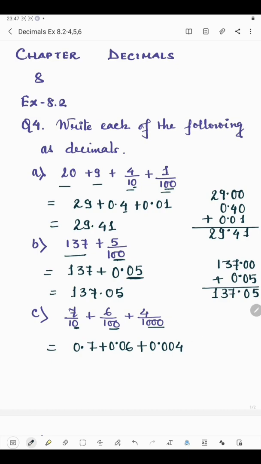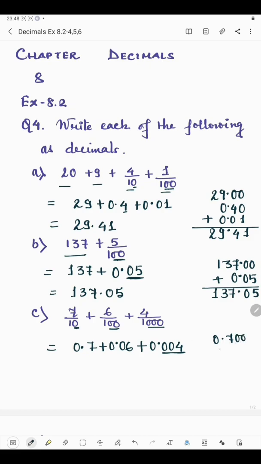Now we will add all this. We will have to make them like decimals at first. Like decimals means the highest number of places after the decimal is 3. So we will make 3 places after the decimal. Here we already have 0.7, so we'll put 2 more zeros to make it like.